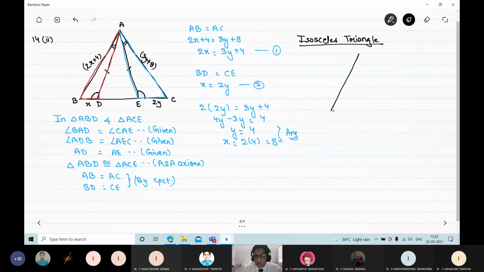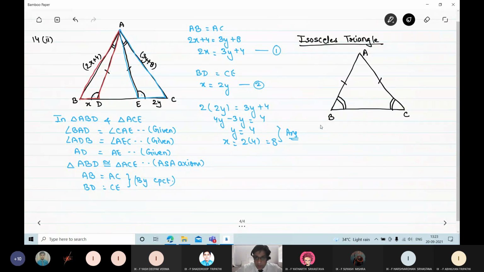So if a triangle is formed in this manner, let's say this is A, B, and C, and if AB is equal to AC, then the angle which is opposite AB is angle C, and the angle opposite AC is angle B. So these are called the base angles.